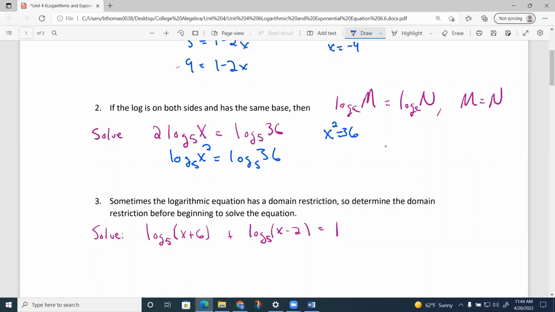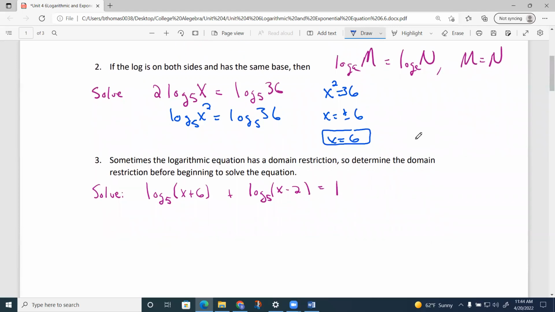And we can take the square root of each side, and that x equals then plus or minus 6. But remember, we cannot take the log of a negative number. x has got to be greater than 0. So we actually have just x equals 6 as a solution. We have to reject the negative because we can't take the log of a negative value based on our domain restriction. Remember, the domain of a logarithmic is greater than 0 if it's not been shifted anywhere.